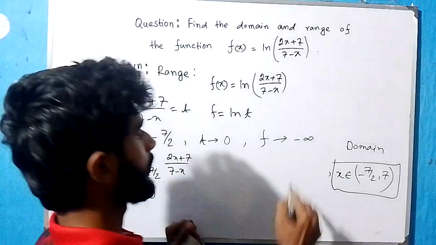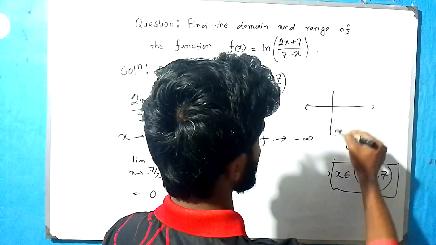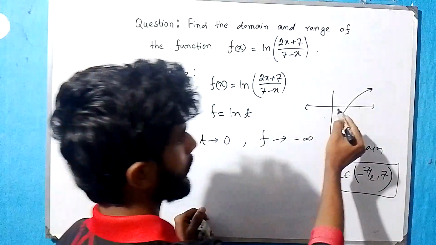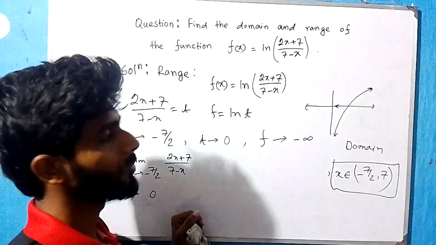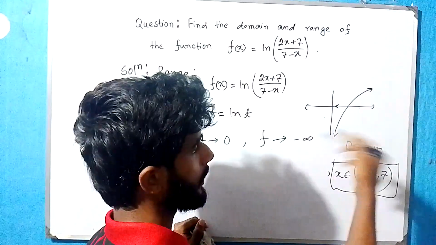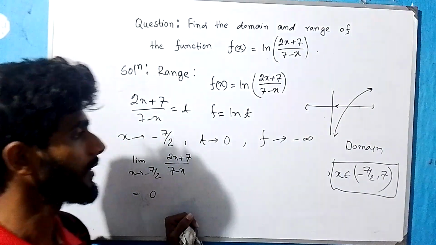Negative infinite, because this ln function looks like this. So when the input moves to 0, the ln function goes to negative infinite, right?